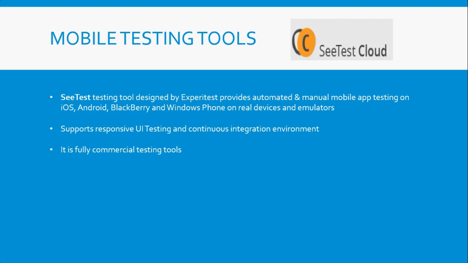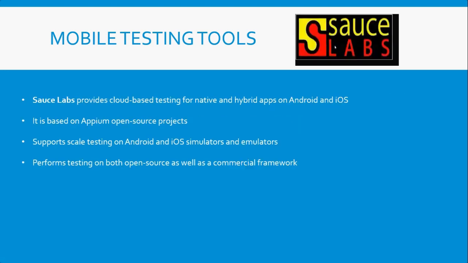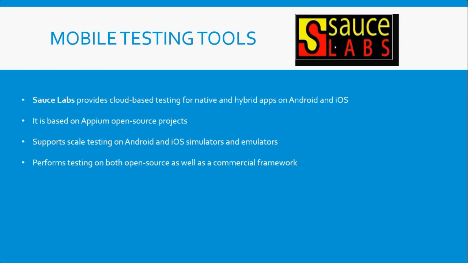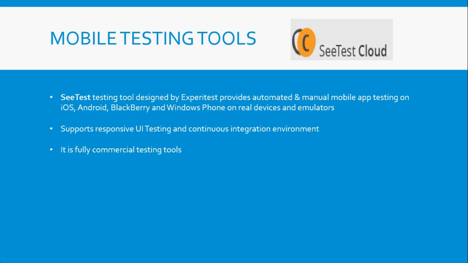So it would be good for you to have knowledge of some of them, and then you can talk about them. But I think Appium and Sauce Labs are the ones that are very, very common. Talking about them in interviews, if you're asked about mobile testing, will do you a lot of good.